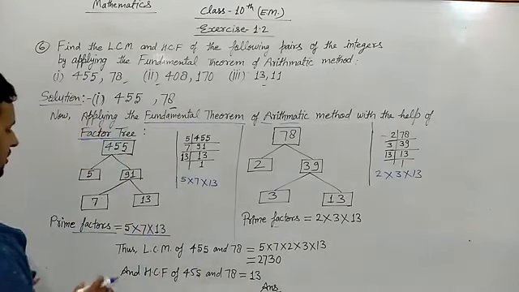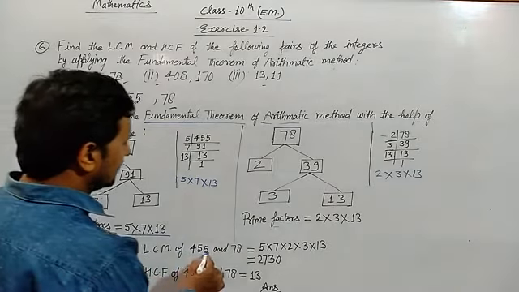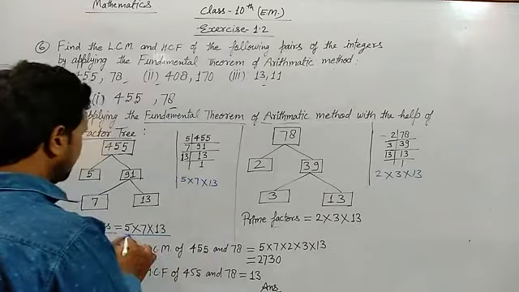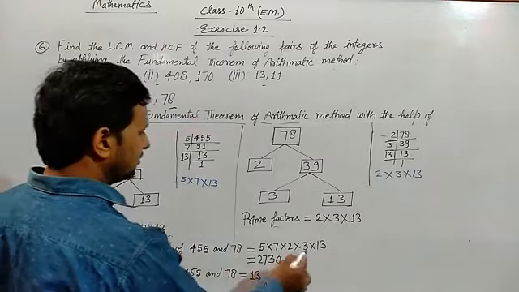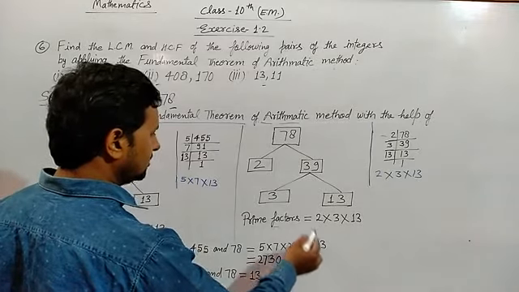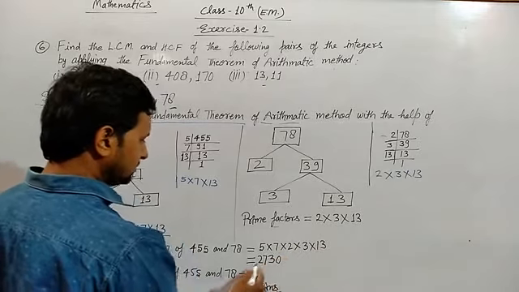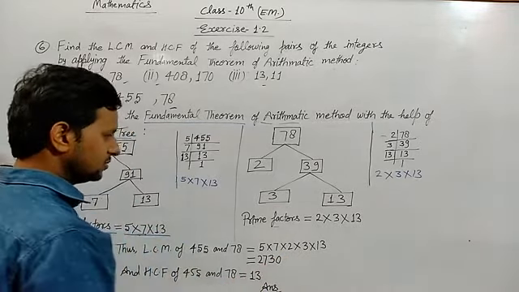Now what is HCF and LCM? First of all we select LCM. LCM of 455 and 78 is here. 5 into 7 is taken here. 13 is common, so we write here at last, and 2 into 3 also written here. So we can multiply here because we have to take all numbers.